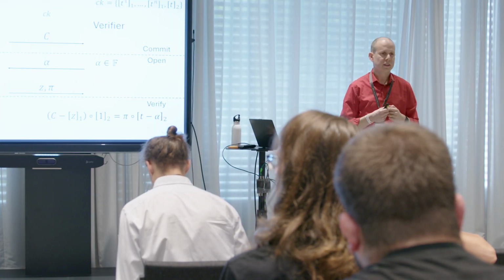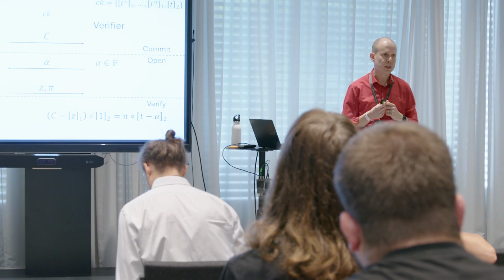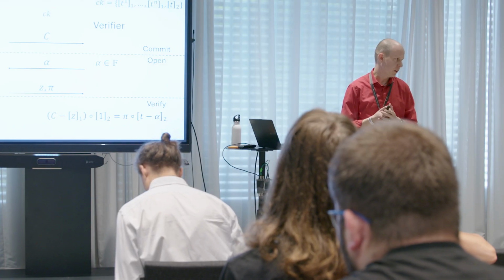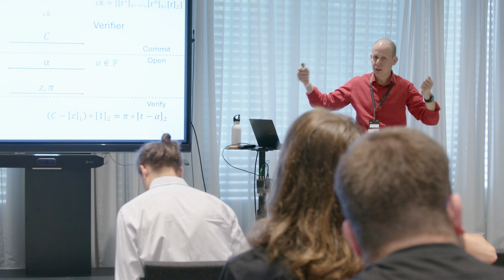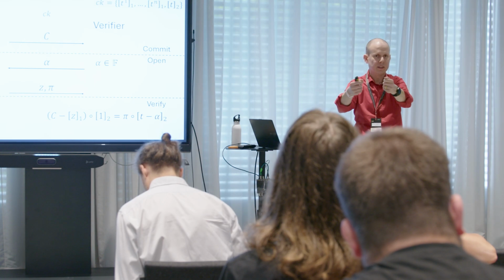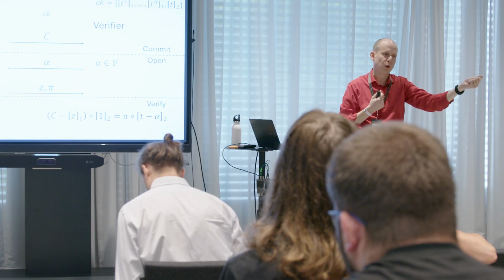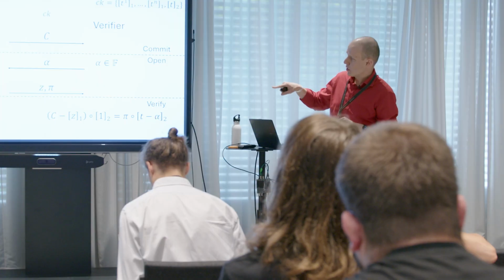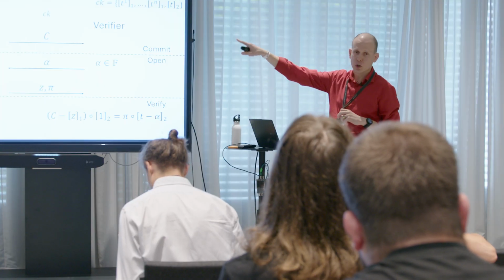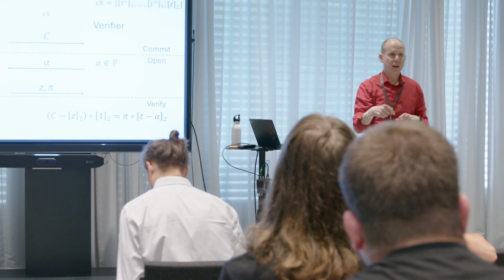what is hard about proving knowledge soundness of this scheme? If you want to prove just evaluation binding, that's nice for a cryptographer. You get two values, you get two proofs, and you can get out of it something that breaks some computationally hard problem. But now, if we want to extract a polynomial out of the commitment, we have a very hard time.